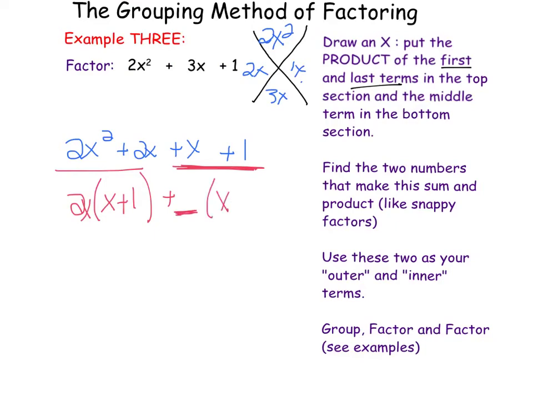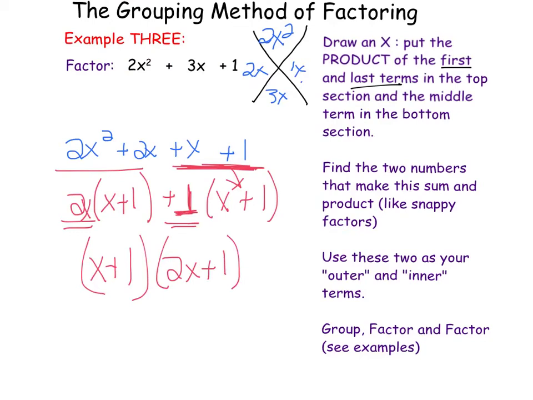So here's my x plus 1 right there, but what times x plus 1 gives us x plus 1? 1. So I can factor out my x plus 1, and I'm left with 2x plus 1.